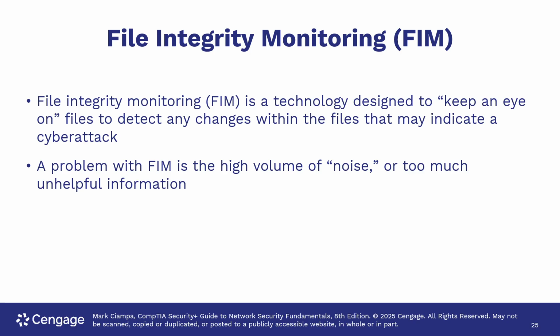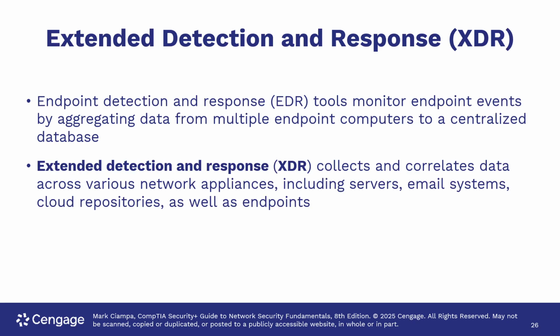And you can see here the problem with FIM is the high volume of noise. Now they say noise, that's basically all the people that are adding or reading or accessing those files. You have extended detection and response.